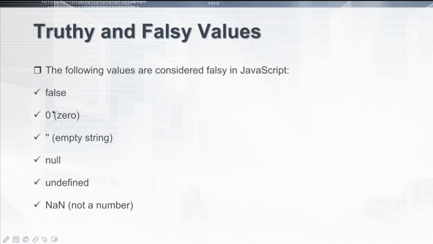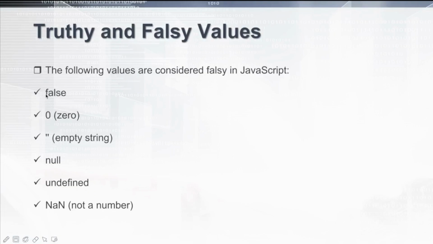So if you have any of these values in your program, and you use it in the Boolean context, then it's going to be false. So all these are false values. Anything outside of this is true.